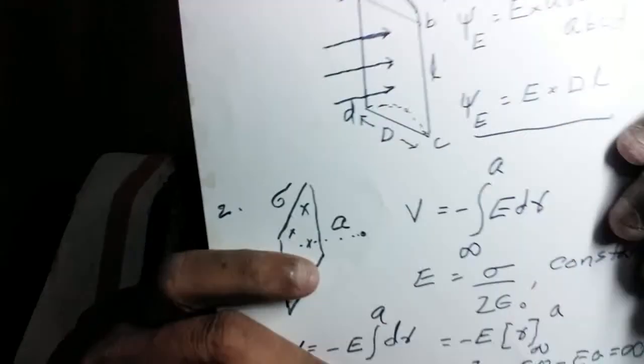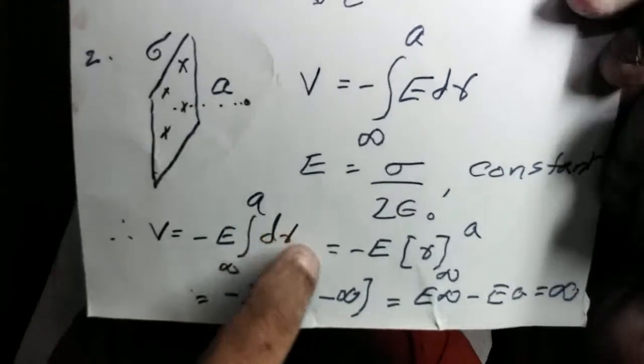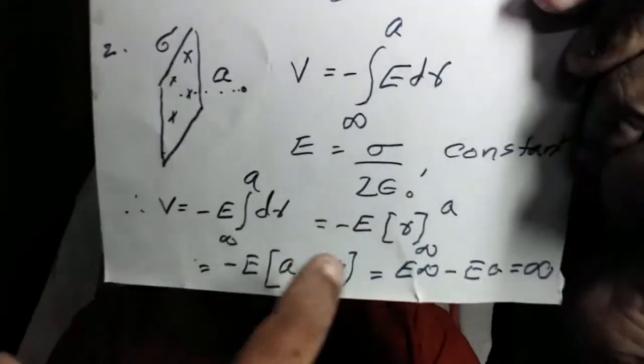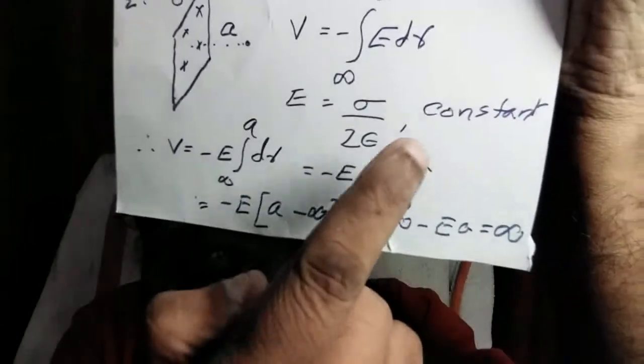So minus E into integral from infinity to a of dr. That is minus E into the integral of dr, which is r within the limits infinity to a.